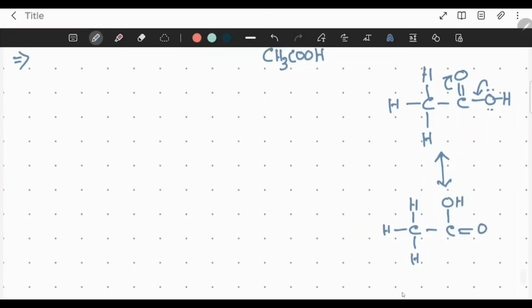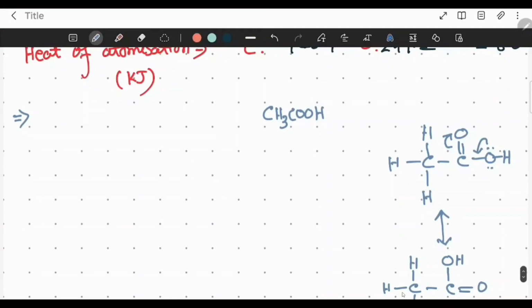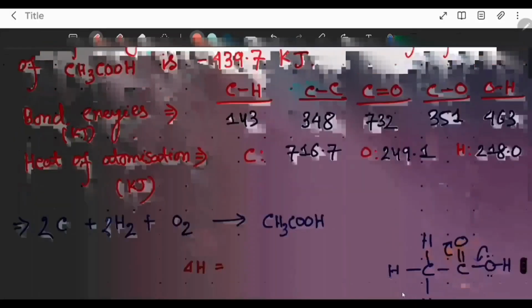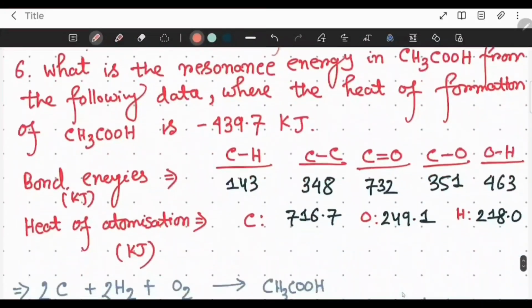So we have to calculate the resonance energy. Before that, how can we calculate the heat of formation? Carbon is 2, hydrogen is also, there should be 2, oxygen coming here. For this reaction, del H is essentially the heat of formation, which is given as minus 439.7.